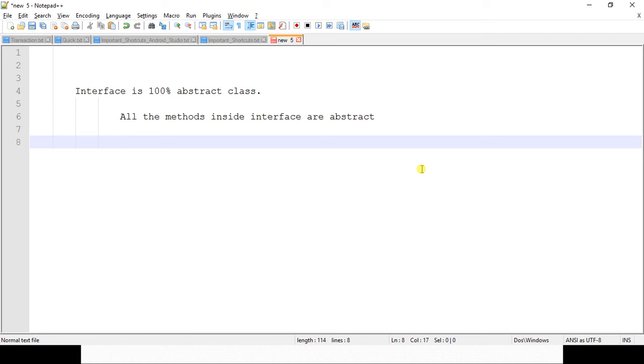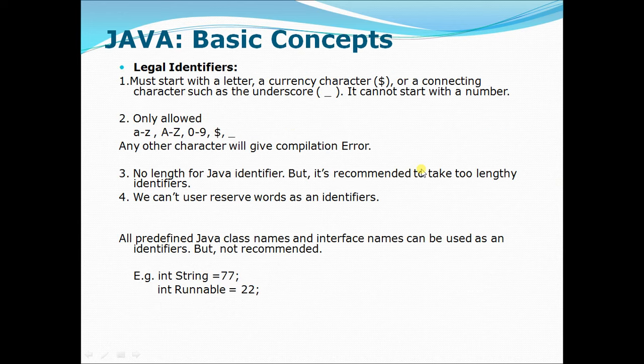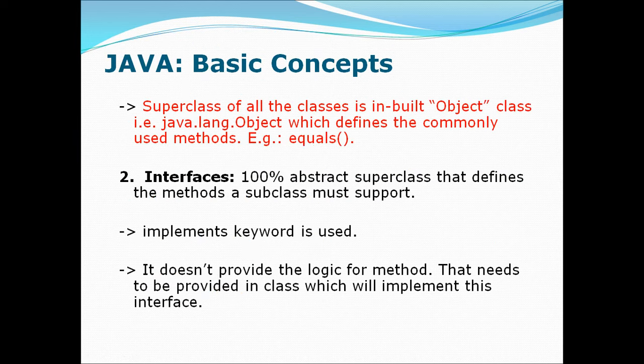Otherwise, if you are not implementing, you have to make your class abstract. Abstract means your class is half built, I don't want to do the building now, I'll do it later on time. I believe we had done till this only. We will move from there.